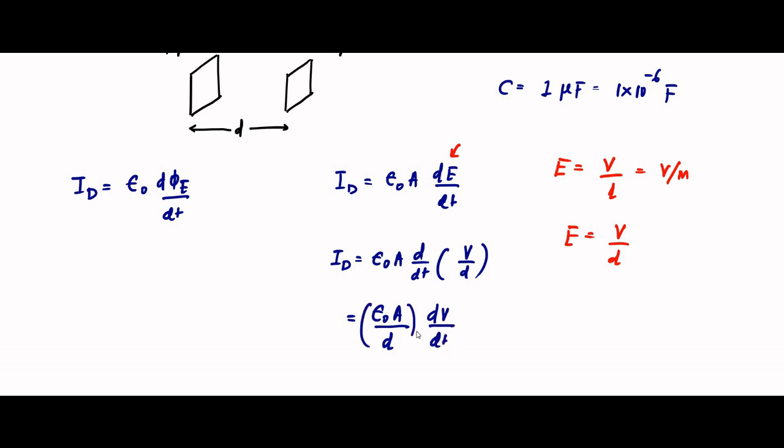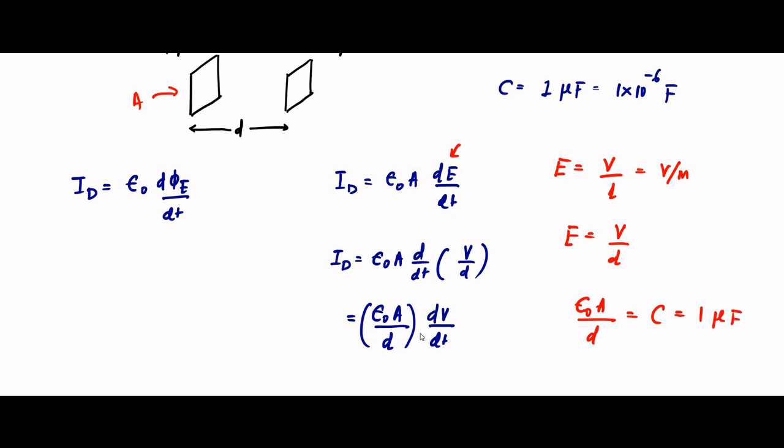Epsilon 0 A by D is nothing but the expression of capacitance of a parallel plate capacitor, where epsilon 0 is absolute permittivity, A is the overlapping area between the plates, and D is the separation gap or distance.